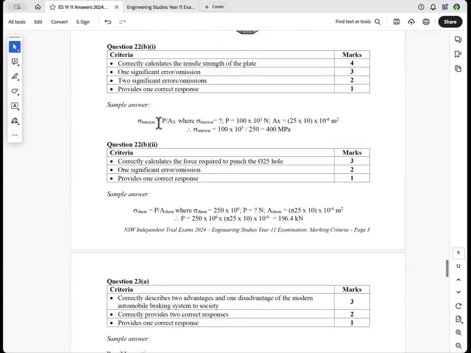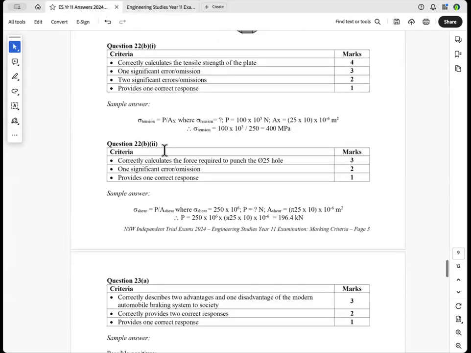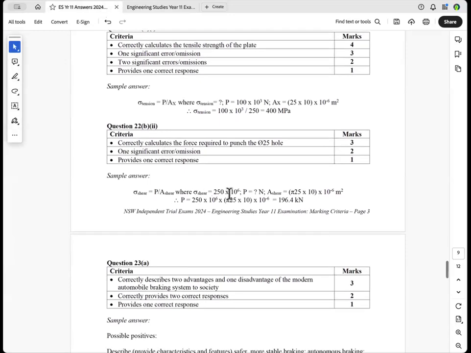So you've got the area of shear. This is the important thing. So you've got pi d, which is the circumference of the circle, and the thickness. And that's exactly where the shear of the punch will actually be cutting. It doesn't cut pi r squared. A drill does that, but a punch just cuts around the circumference.